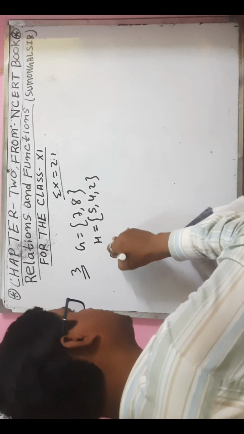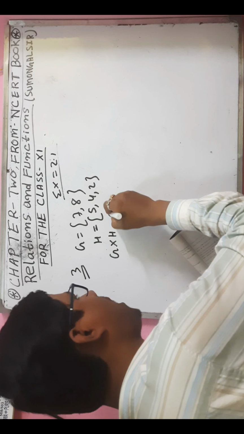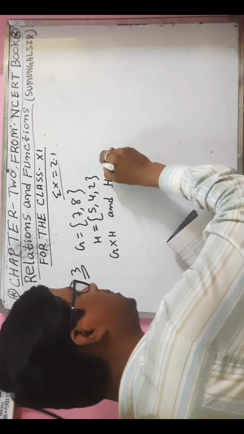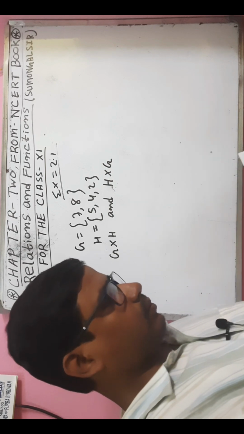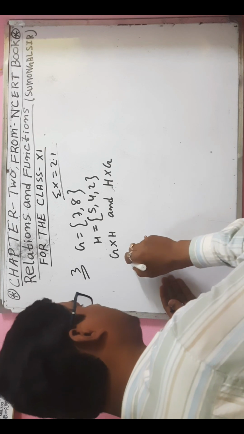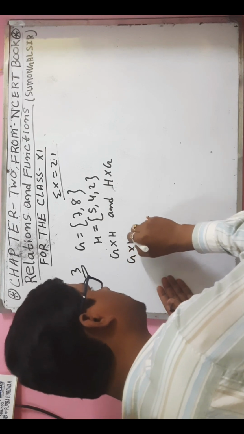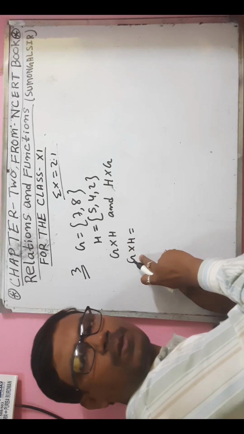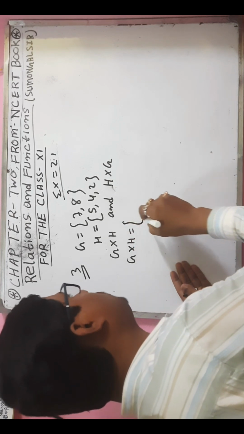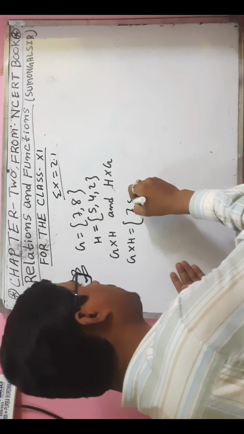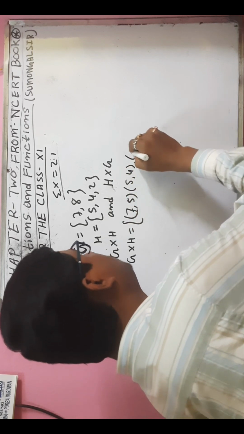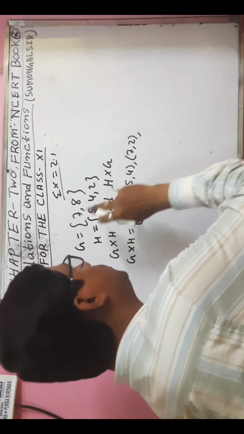Then find G cross H and H cross G. By the given conditions, G cross H means the first element comes from G and the second element comes from H. The ordered pairs are (7,5), (7,4), (7,2), and 7 is complete.